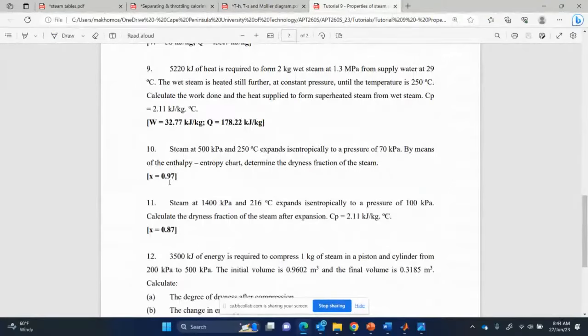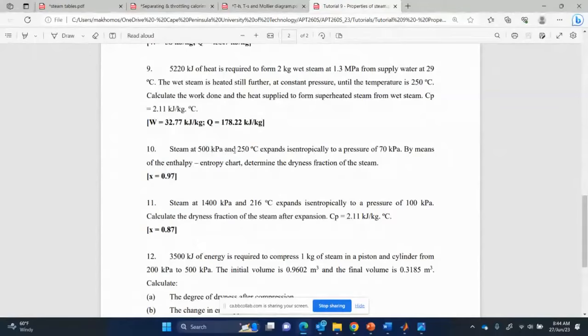I don't know if you want me to repeat this question, but I'm going to repeat it. Question number 10. The steam expands from point 1 to point 2. When it expands, the pressure drops and the temperature drops as well. In our case, the steam is at 500 kPa and the temperature is 250.